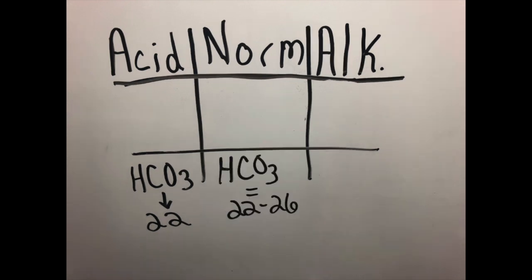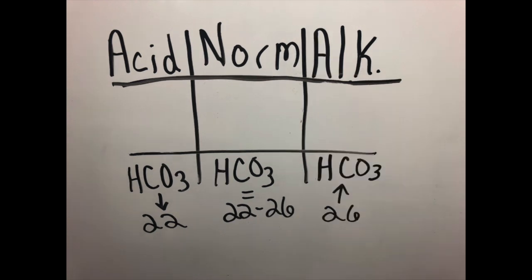When our HCO3 is 22 to 26, that means that there is not a metabolic issue causing our acid-base imbalance, but it also means that our kidneys are not compensating yet for our acid-base imbalance. And when our HCO3 is greater than 26, so the amount of bicarb in our body is more than the norm, then we are either in metabolic alkalosis, or our kidneys have chosen to respond to our respiratory disorder and compensate for respiratory acidosis.